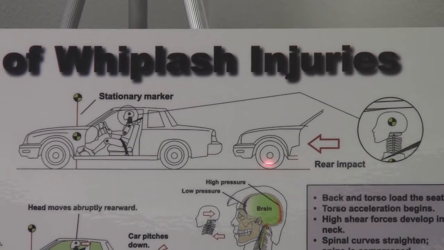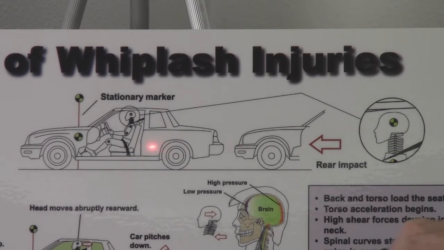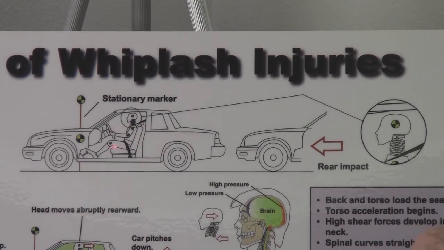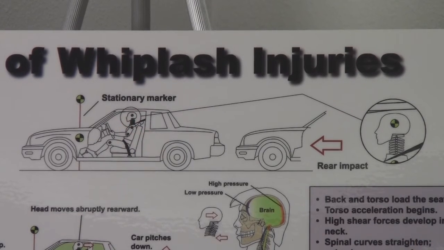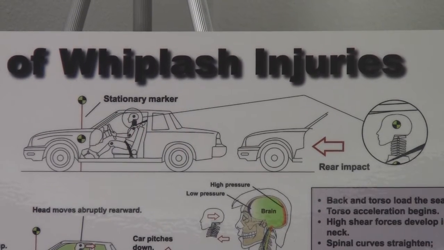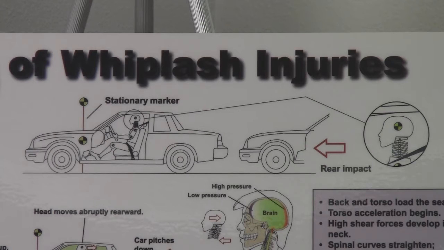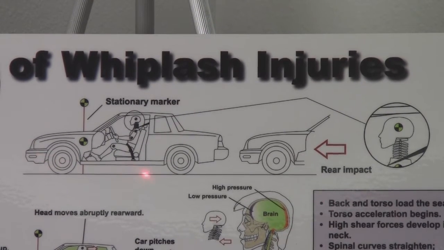So if we look in here, we see the actual representation of what happens in a rear end collision. What we're most focused on, of course, is the neck of the person being impacted. By far, most whiplash injuries occur on the impact from behind, and you're going to see why after you see the timing of what happens in a whiplash injury.